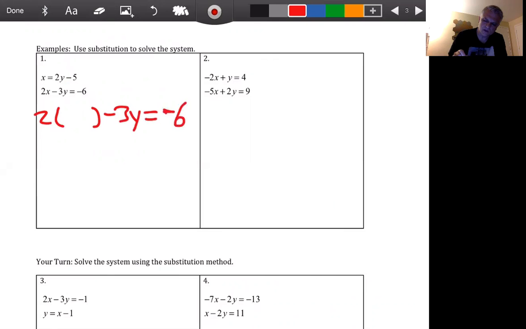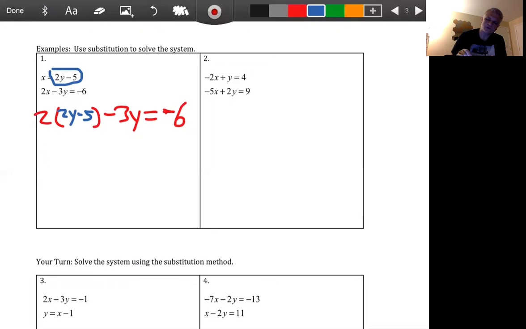Okay, so I've written the second equation, but I did not write x. I'm going to substitute 2y minus 5 for x. Okay, so now I have all y's. I can now solve for y.